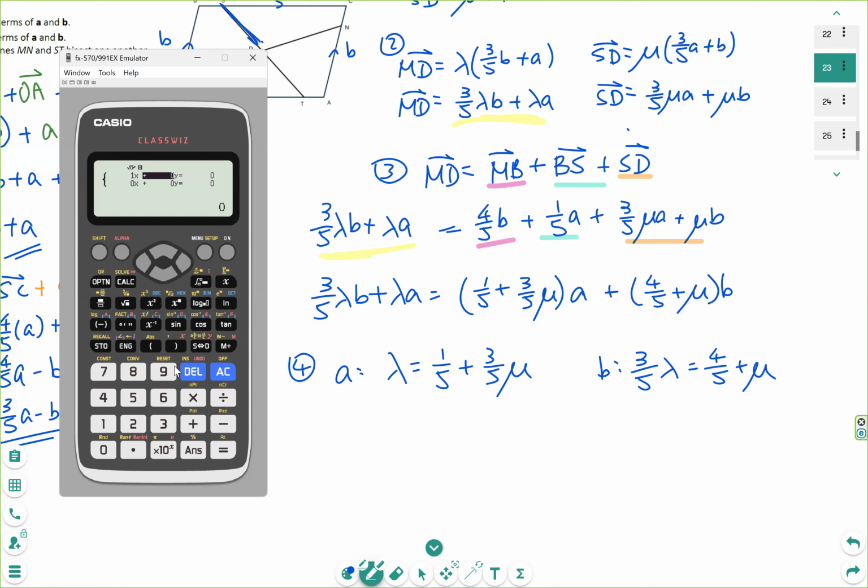Then the right hand side is the constant 1/5. Second equation is 3/5 for the x. Bring the mu to the left side, becomes minus 1. And then the constant term is 4/5.